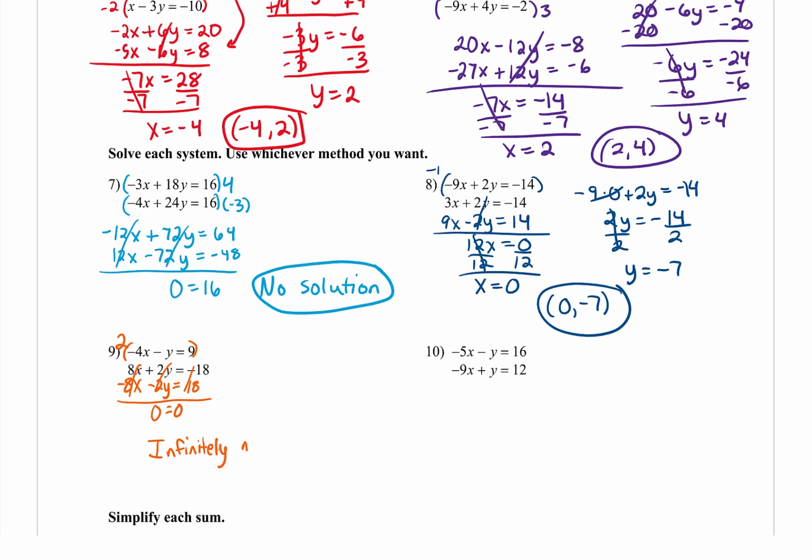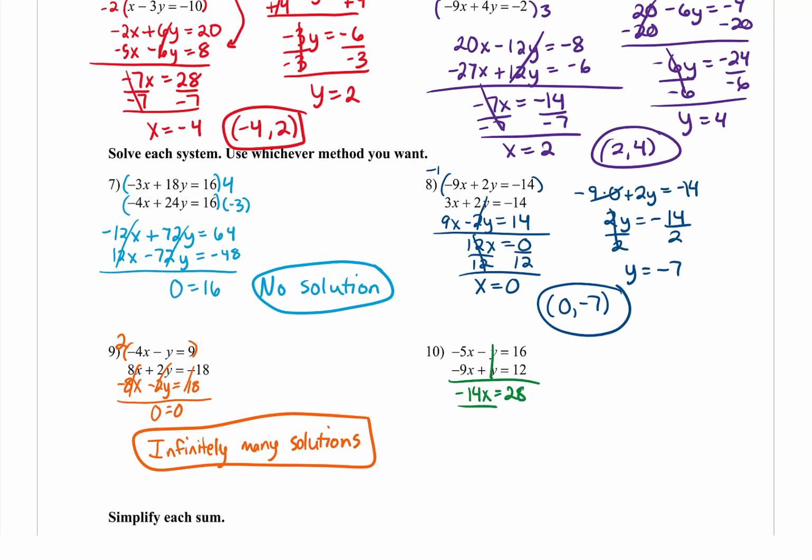In case it's not clear, the way we decide between no solution and infinitely many solutions is once both variables cancel out, we look to see, do we have a true statement or a false statement? 0 does not equal 16, so that's why we put no solution. And 0 did equal 0, that's why we put infinitely many.